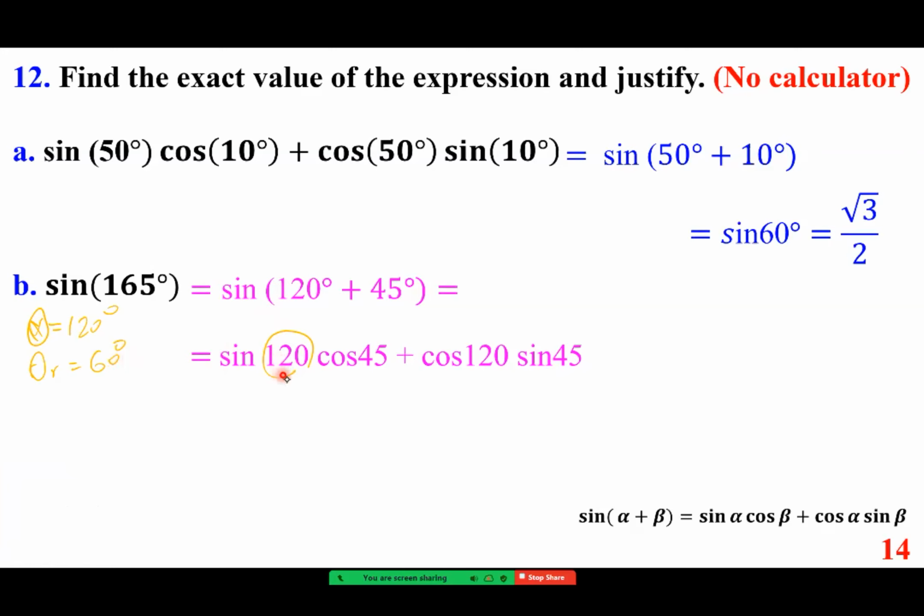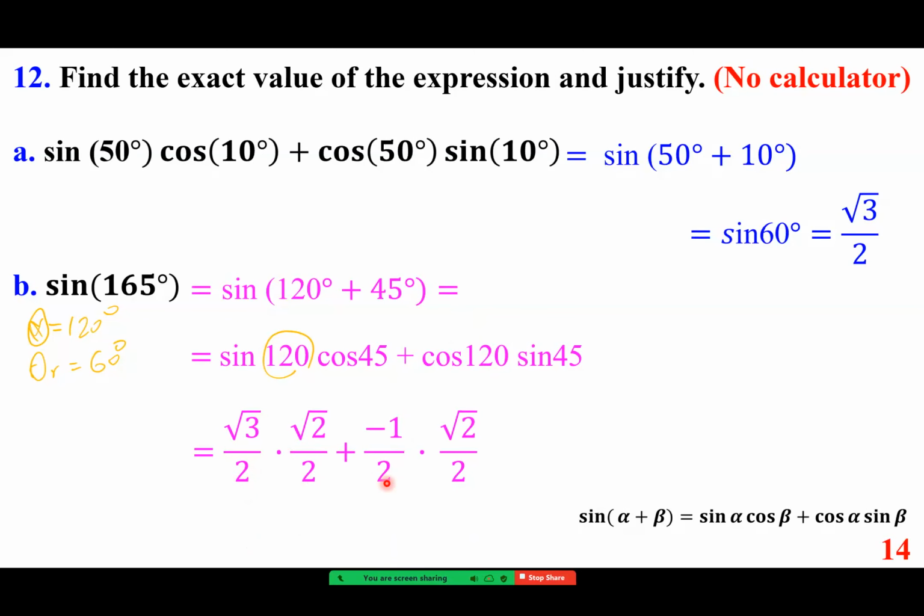In the second quadrant, sine is positive, so the same, square root of 3 over 2. Cosine of 120 is the same as cosine of 60, but positive or negative. In the second quadrant, cosine is negative, so negative 1/2. Okay, so this is positive, this is negative. I hope everybody understands. Again, we have to go back to the quadrant.